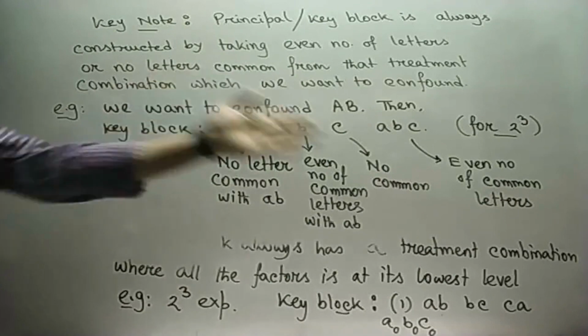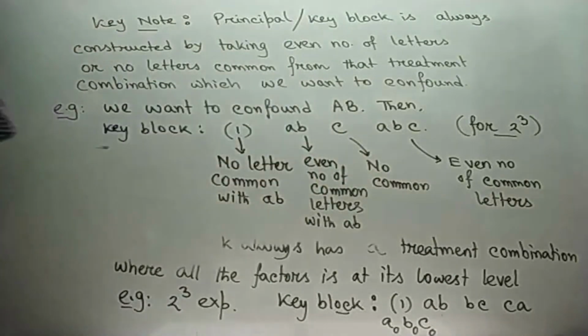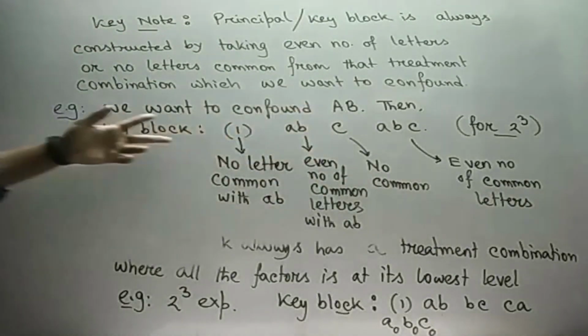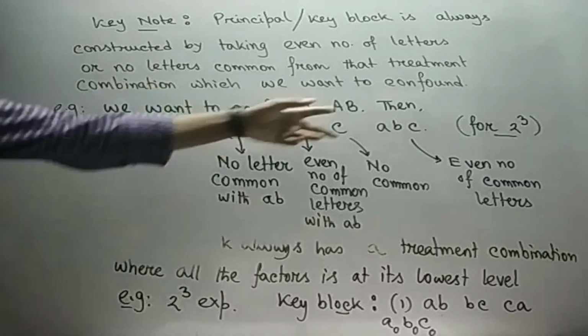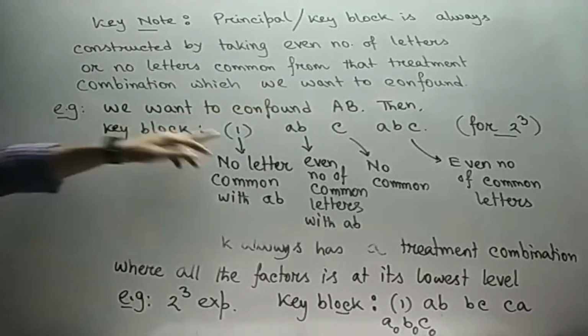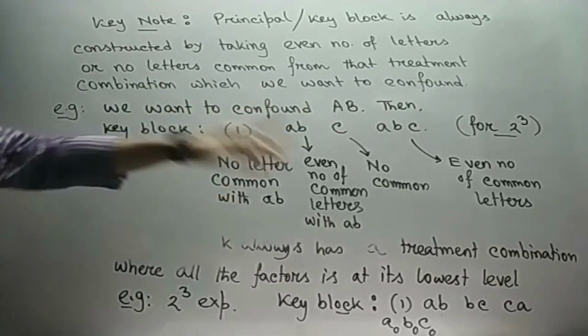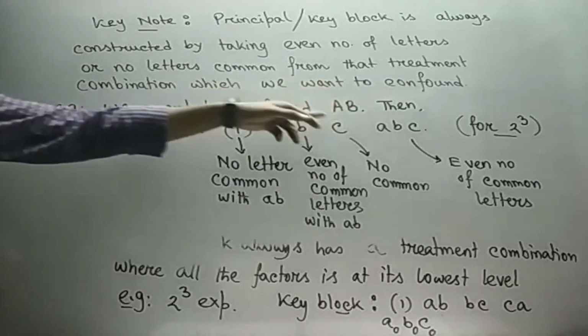In this way we can construct the key block. So always remember that key blocks have those treatment combinations which have no common or an even number of common letters with the confounded effect.